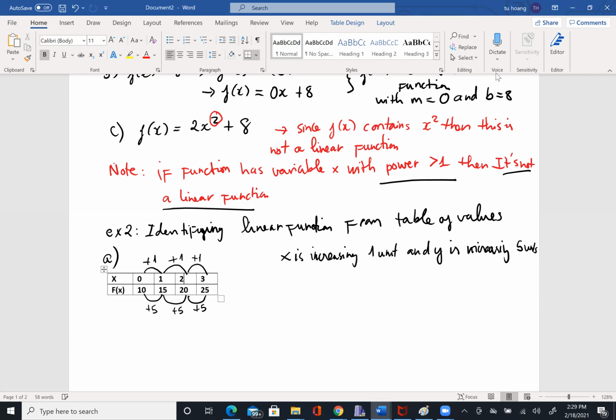Okay, so then I will say for each unit increase of x, f increases 5 units. That means the slope m is equal to 5.